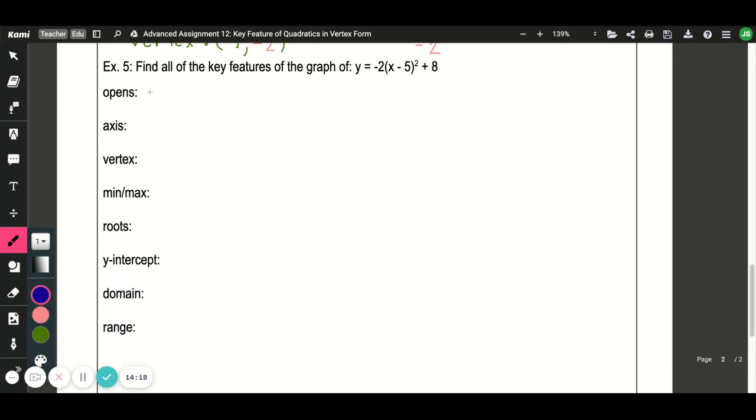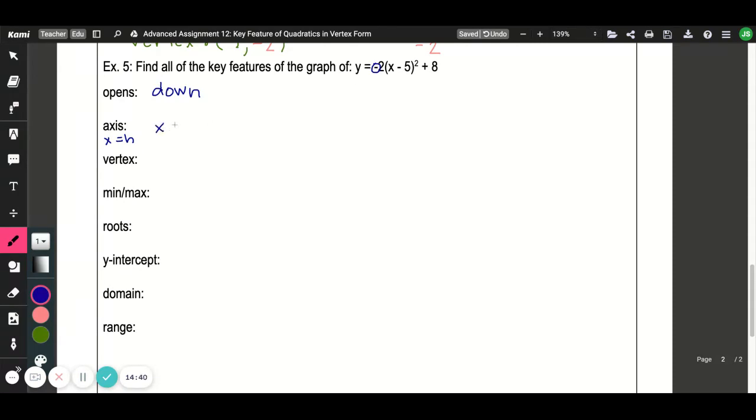So this graph opens, a is negative, right? So it opens down. Our axis of symmetry, if we go all the way back up to the top of our notes, the axis of symmetry was x equals h. And remember that h is the number inside, opposite of the sign.